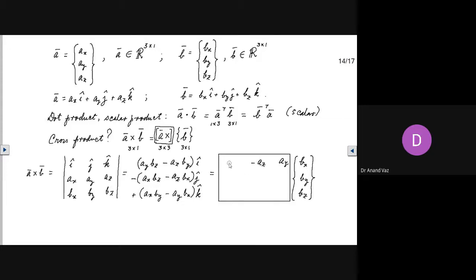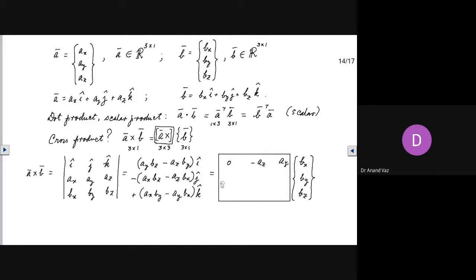And over here, what should come? 0. 0 into bx minus az into by plus ay into bz. So this gives us our first row.